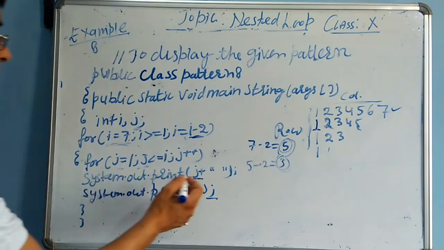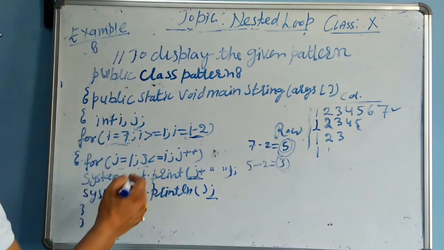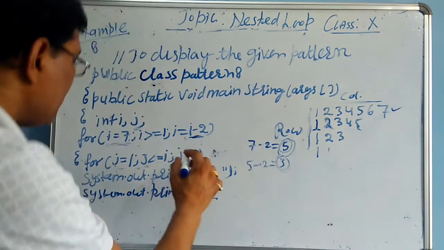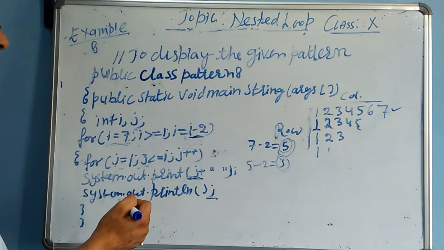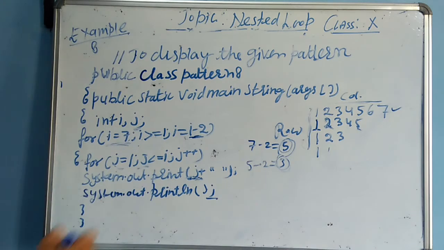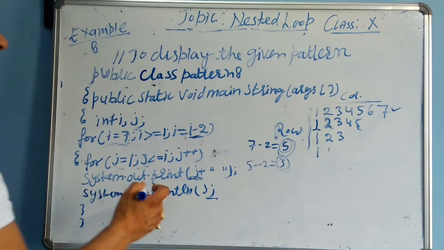It will print the value of j, which is 1, then increase j to 2, iterate again, then 3.